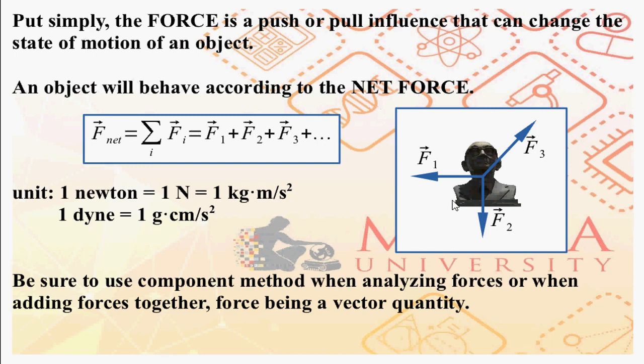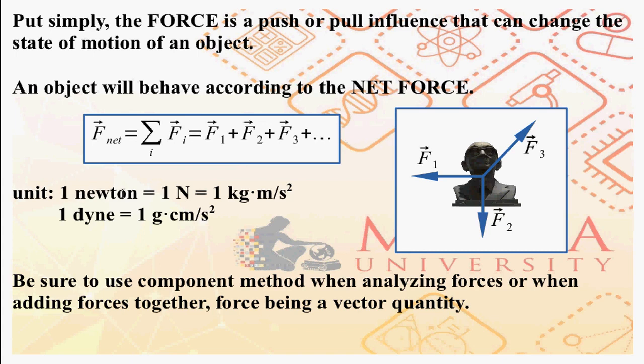When you have an object and you have several forces acting on it, the object will behave according to the net force, the summation of the forces acting on the object. F net is equal to the sum of all the forces acting on the object, so it's equal to F1 plus F2 plus F3 and so on.